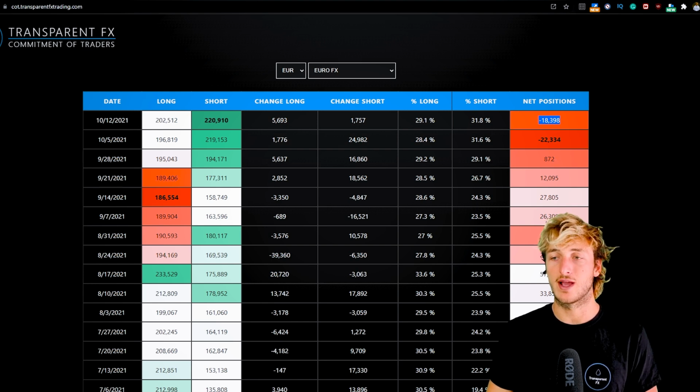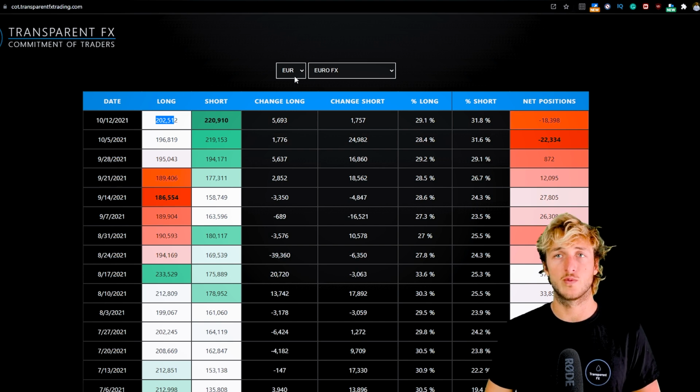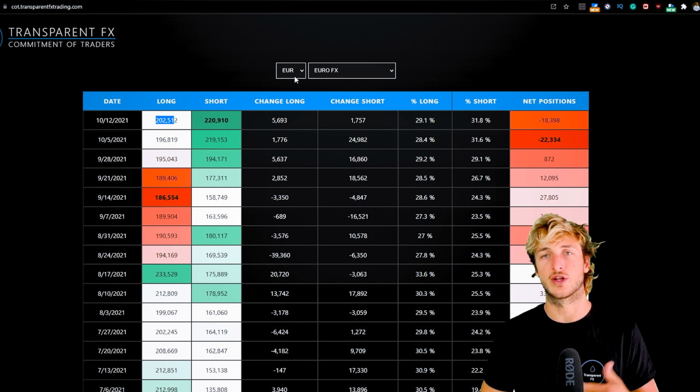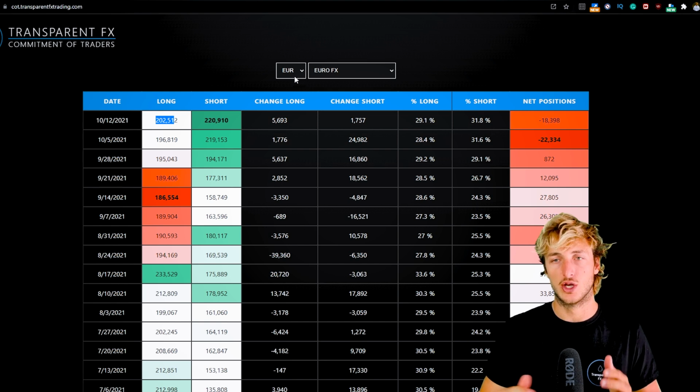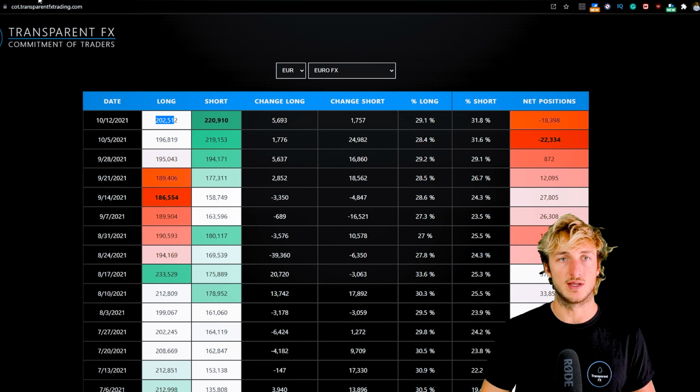So we went from having a positive net positioning to having a negative net positioning, meaning that we went from having more longs than shorts from an institutional perspective to currently having more shorts than longs, with 220k shorts and only 202k longs. And always remember that all currencies on the spot are traded against the USD. So if you're checking the data for the euro, you are already checking EURUSD.